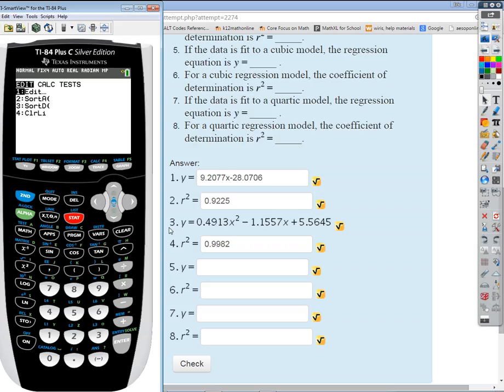The next model is cubic. So we would just go calc. I could just type 6, couldn't I? Let's do that. Stat calc 6. Stored regression equation. That's alpha. And what do we get for cubic?